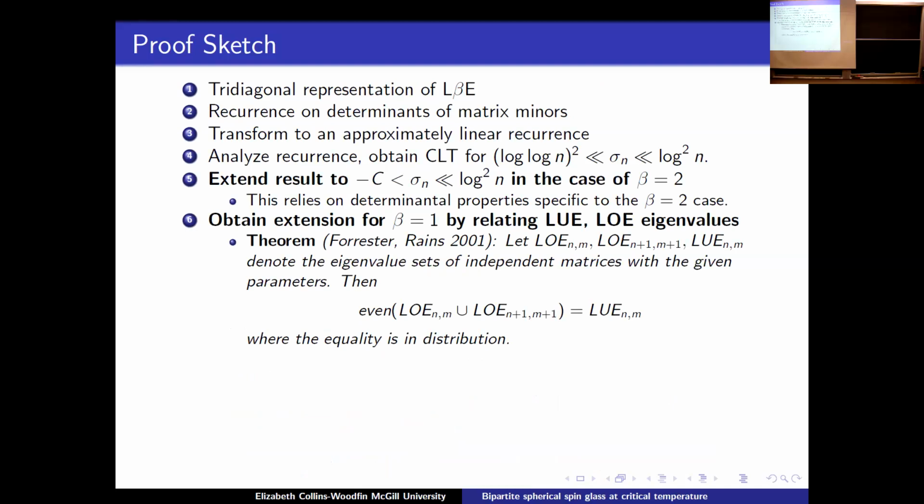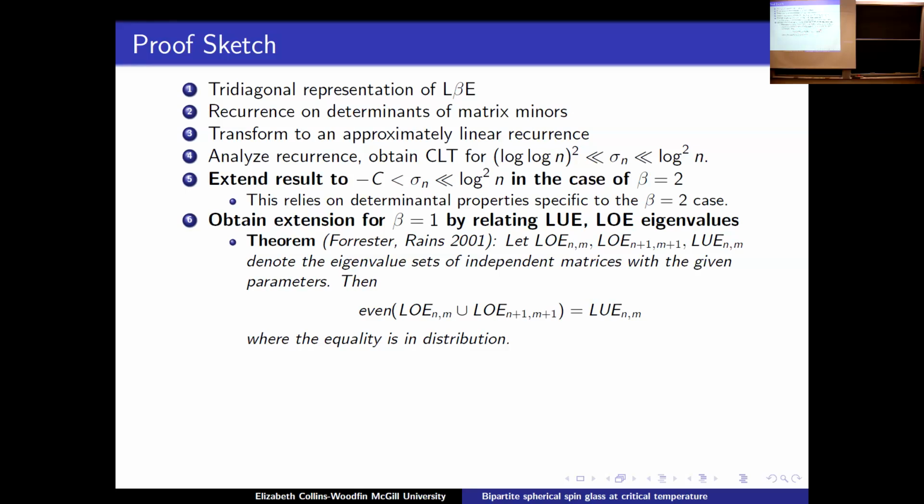What their theorem shows is that if you take an LOE matrix with dimensions n and m, and then you take another independent LOE matrix of size 1 larger, and then you take the union of all of their eigenvalues, put them in order, and pick out the even ones, these will have the same distribution as the eigenvalues of an LUE matrix, which is kind of strange.